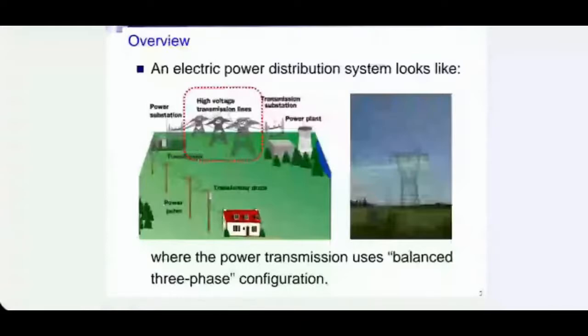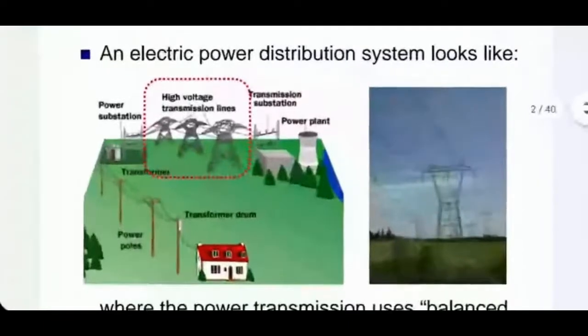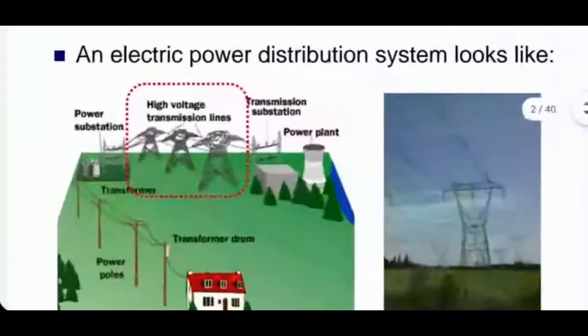On the receiving side, normally we build what we call substations, which generally step down the power to a lower voltage and then distribute it in the area around.